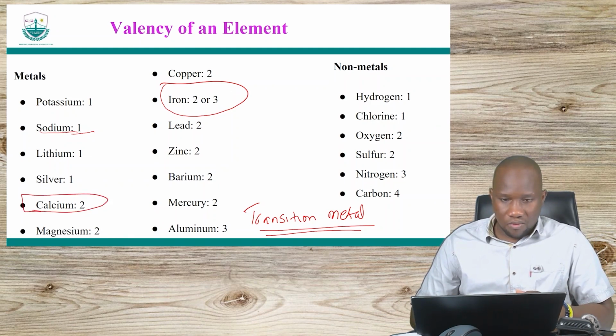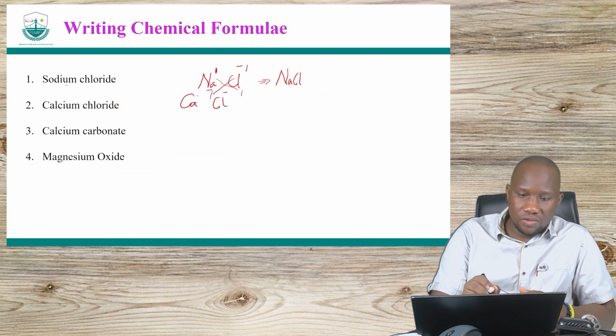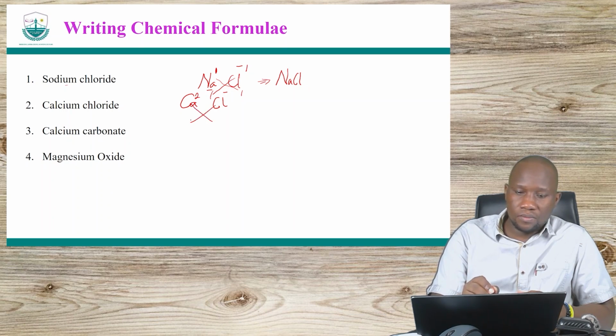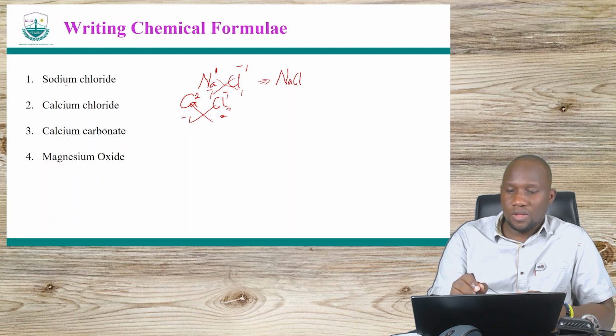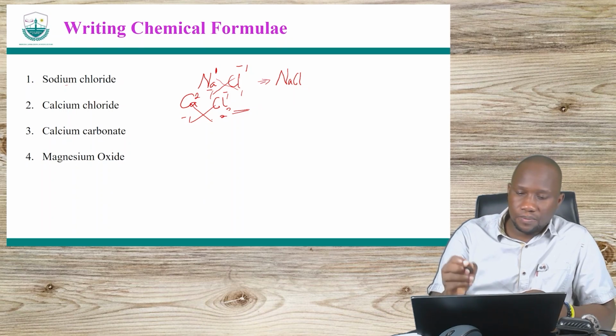So we move down, valence of 2. Interchange. This was -1, and then you bring 2 down here.